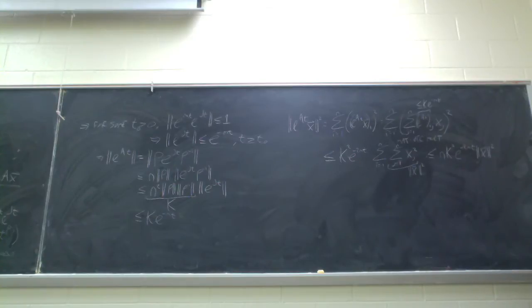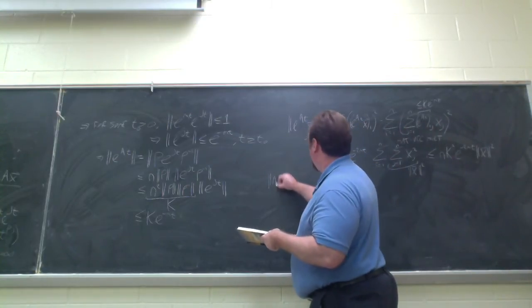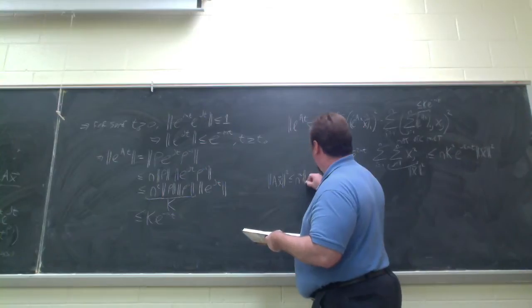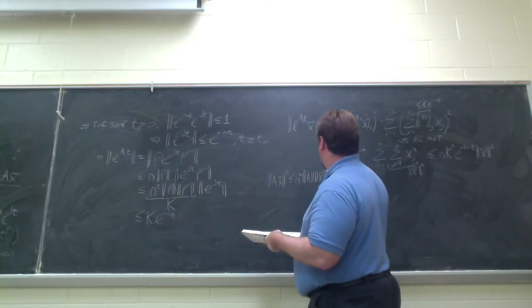because the inequality that they're relying on is, and I'm going to square everything, the norm of A x, for any matrix A, squared is less than or equal to n squared times the norm of A times the norm of x.